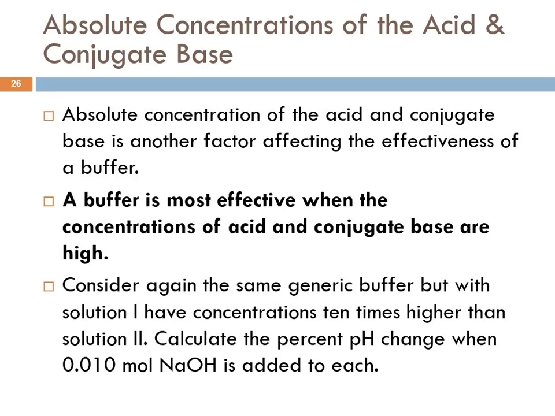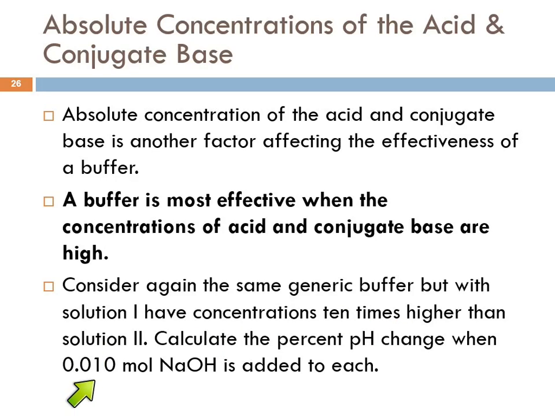That was relative amounts. The absolute concentration is also important. A buffer will be most effective when the concentrations of the acid and the conjugate base are high. The higher they are, the more effective it is. So if we look at that same generic buffer, but now we're going to have a solution with concentrations that are 10 times higher than solution 2.